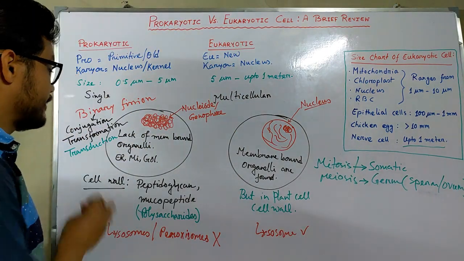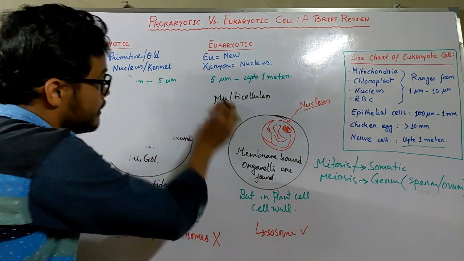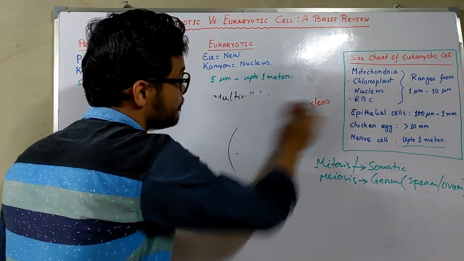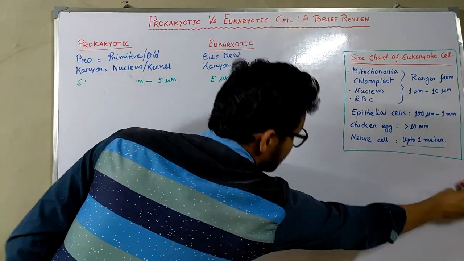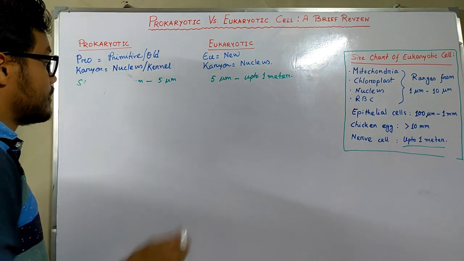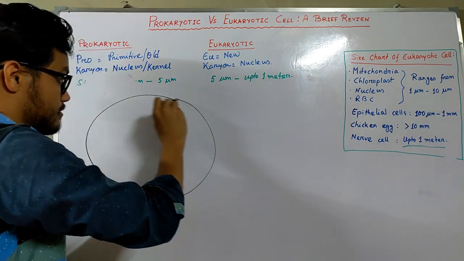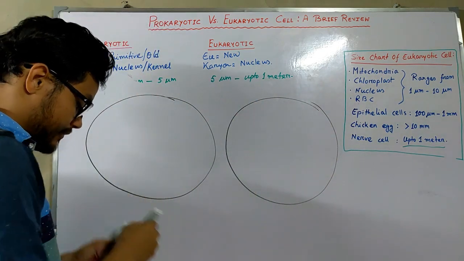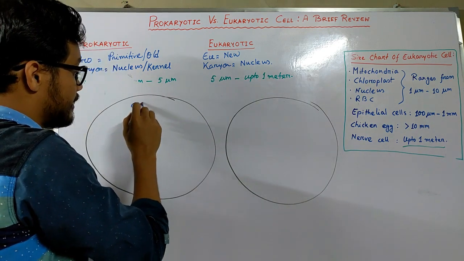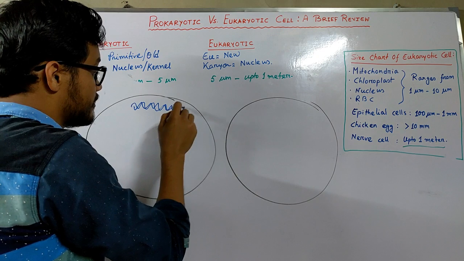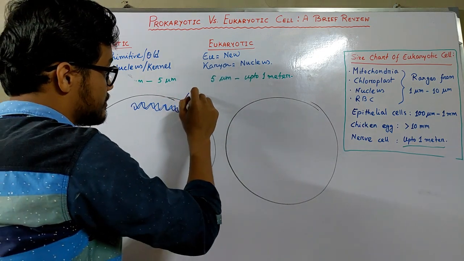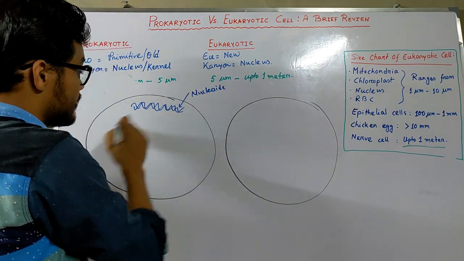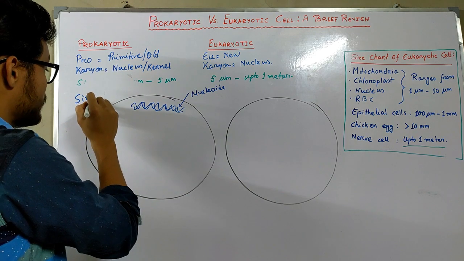Next, the most important thing is their transcription and translation mechanism. In a prokaryotic cell, as I told earlier, DNA is coiled up somewhere in the cytoplasm and is denoted as the nucleoid. So here a single origin of replication is found.